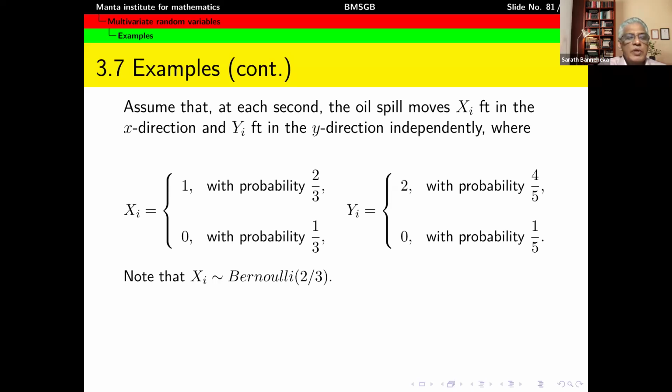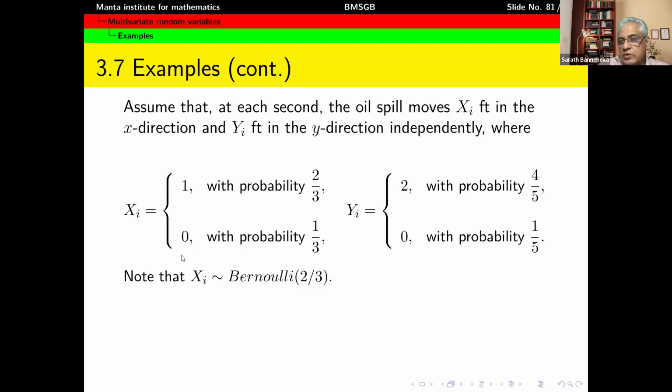So according to the given information, xi is equal to 1 with probability 2 over 3 and 0 with probability 1 over 3. There are only two possibilities for xi. And for yi, similarly, yi will be either 2 feet with probability 4 over 5, or 0 with probability 1 over 5. Right. So here we can easily see that xi takes values 1 and 0 only.